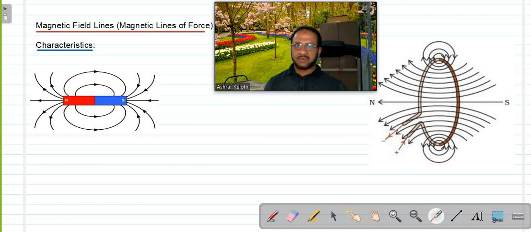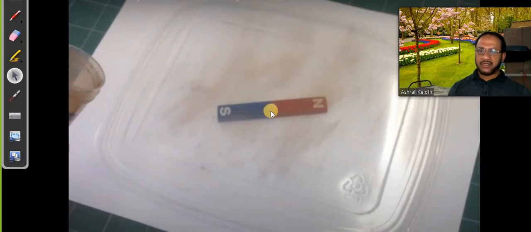All of you see the experiment. Here there is a bar magnet, and above that bar magnet a plastic lid is placed. Below that the magnet is there. Now we will add some iron filings on this surface above the lid, and we can see how the iron filings are arranged.